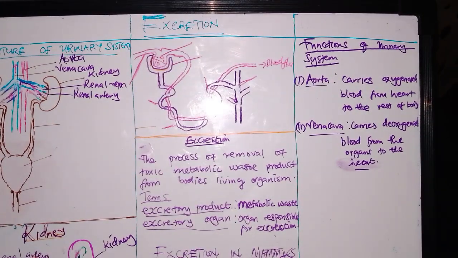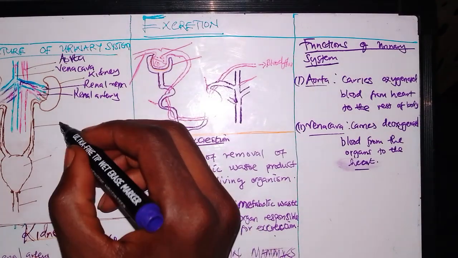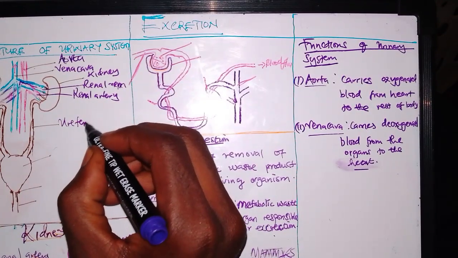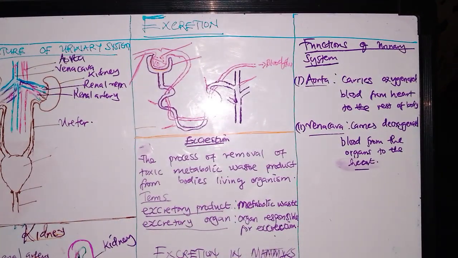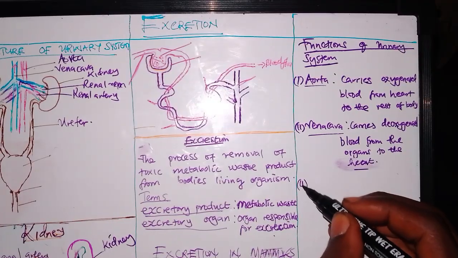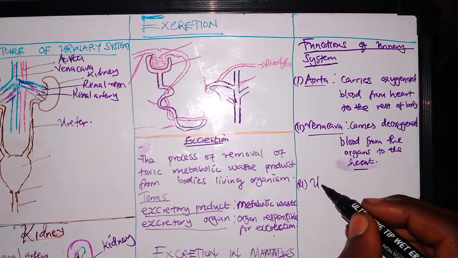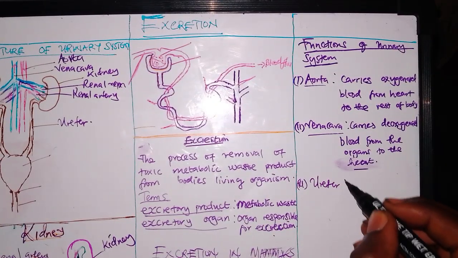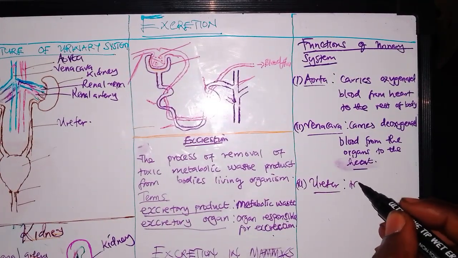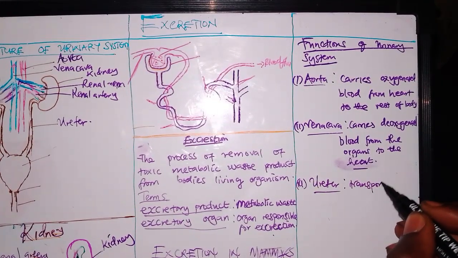Yeah. Then the next thing we are going to talk about is this long structure, which is known as the ureter. So what is the function of the ureter? So the function of the ureter is simple. It's just what? It transports urine.